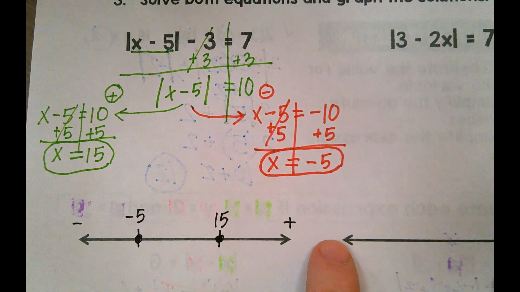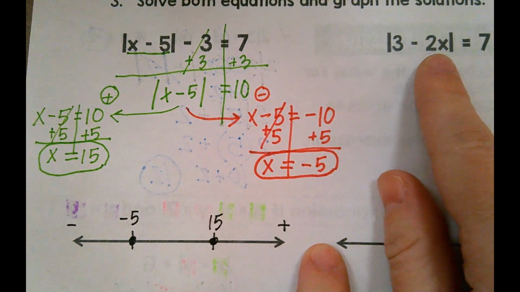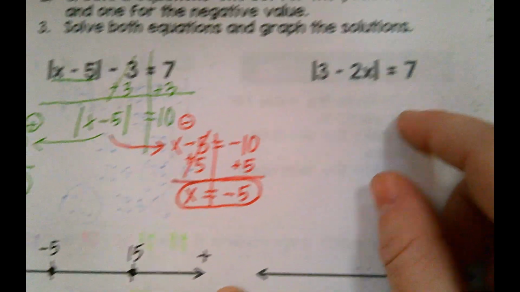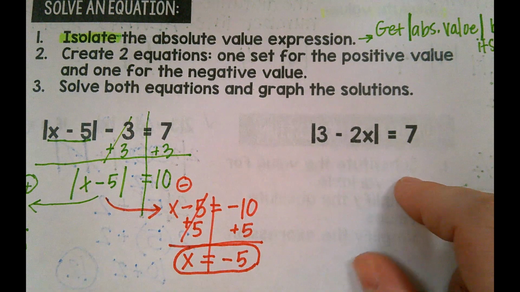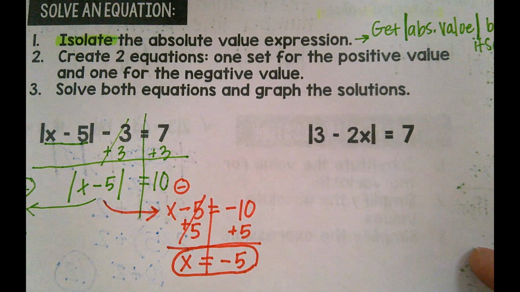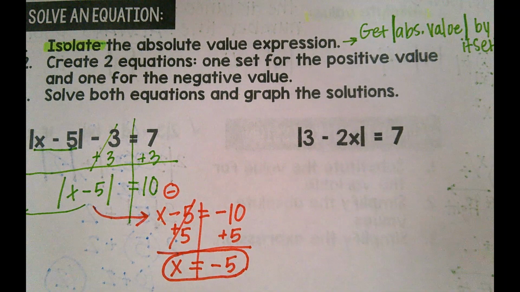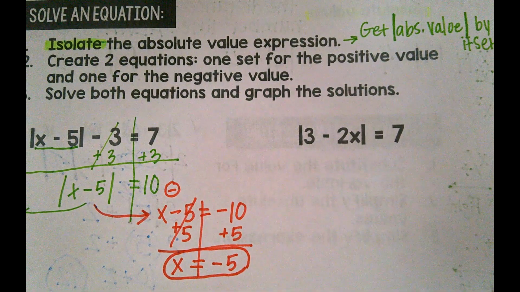Okay, all right. So let's look at this next one: the absolute value of 3 minus 2x equals 7. Let's look at our 3 steps. Step 1 is to isolate, or get that absolute value expression by itself.